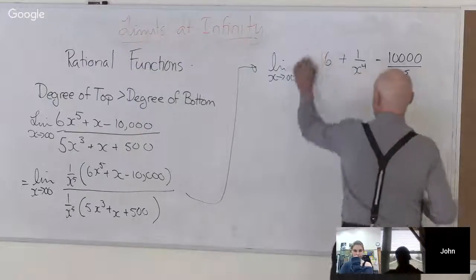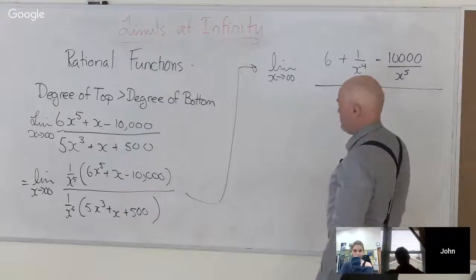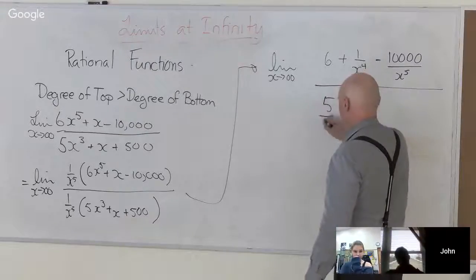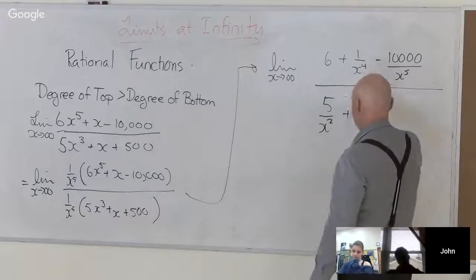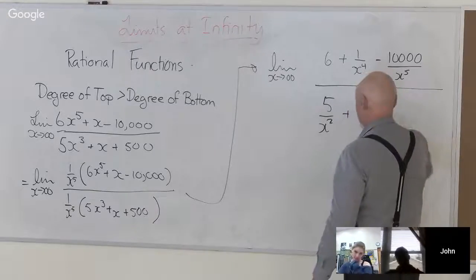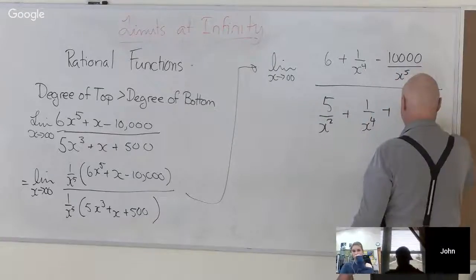And this is my top. I don't actually need to put a bracket on that, so I won't. Okay, here we go. This becomes 5 over x squared plus 1 over x to the fourth plus 500 over x to the fifth.